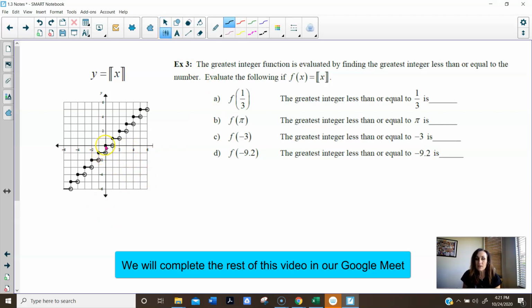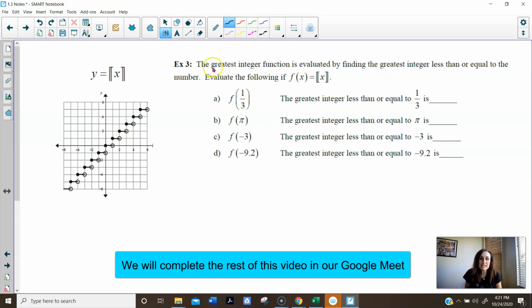So for example, you have x is 0, 0, 0, 0, and then when I hit the bigger integer, I go up to 1. It's kind of like your birthday. You're 1, you're 1, you're 1, all the way until you turn 2, open circle, and then you jump up to 2. You're 2, you're 2, all the way till you turn 3, and then you jump up to the next step.